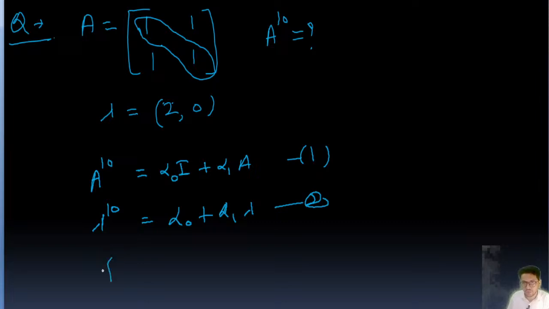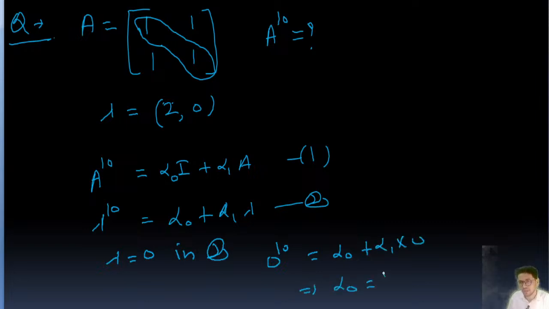Now putting the value of lambda equal to 0, we get 0 to the power 10 equal to alpha naught plus alpha 1 into 0, right? This implies alpha naught equal to 0, since 0 to the power anything is 0.